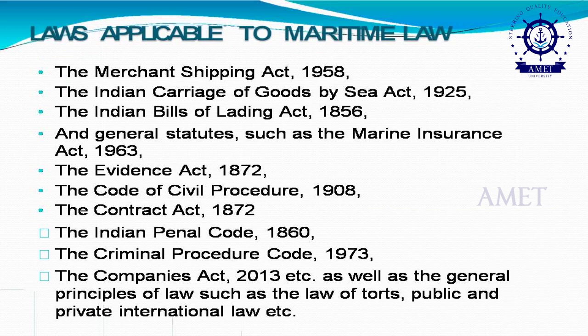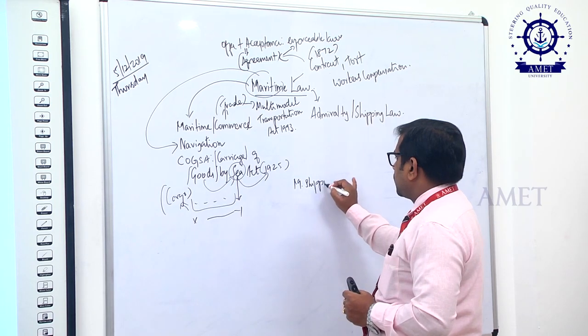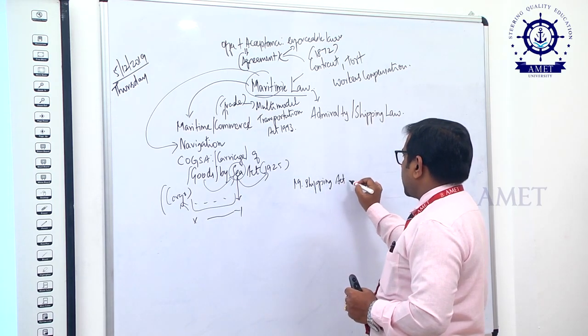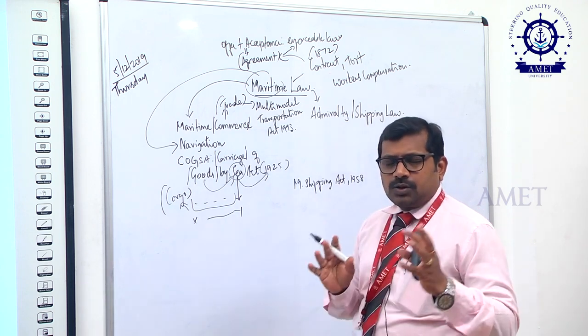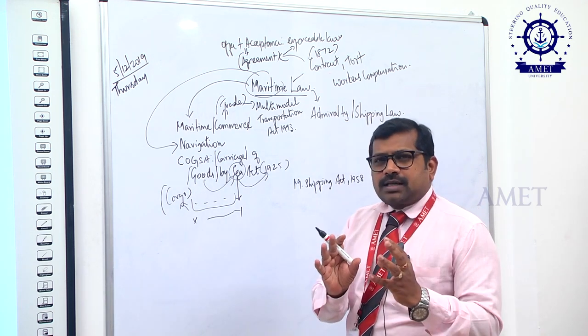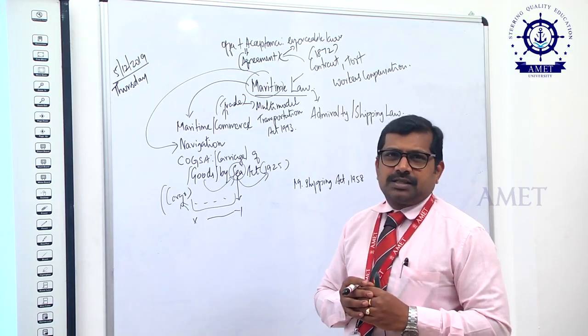Now, what are the various laws which will be applicable to maritime law? The first one, as we have discussed, is the Merchant Shipping Act 1958. Not only this act, along with this act another act is present.